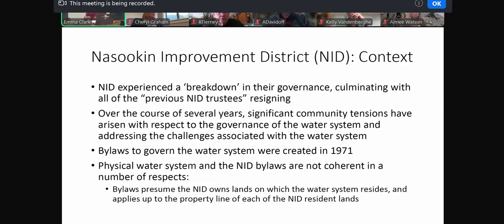It presumes there's private, like, they were written for Nelson, and it's actually, if you haven't been to Nisukan, one steep road up a hill with houses on it, and the water line runs across private territory, all kinds of things. The bylaws assume a lot of stuff. This is an underlying tension of what happens when you don't have that integrated approach in how to think about things. So, the next slide.